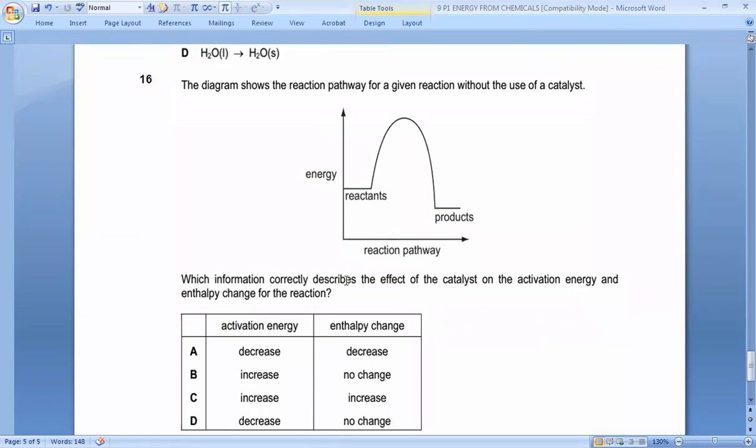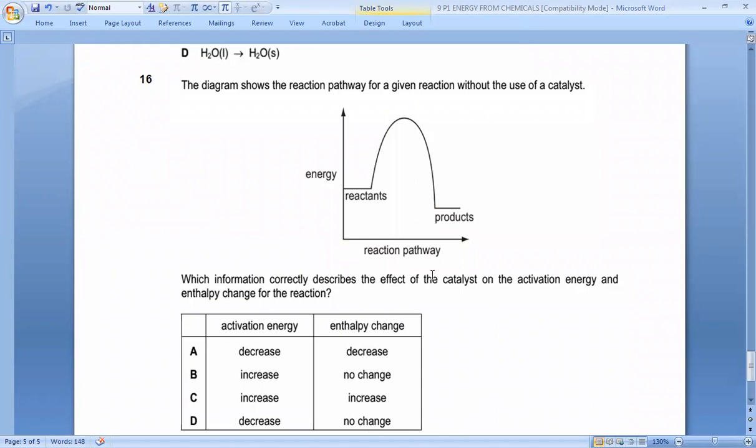Which information correctly describes the effect of the catalyst on the activation energy? With the activation energy decreasing, or delta H no change. So question 16, option D is correct.